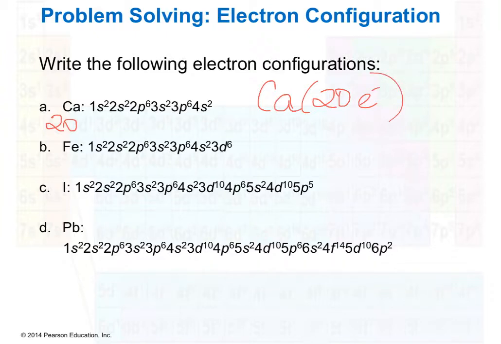So you've got to place all 20 of those electrons. Again, you need to memorize the order of energy of the orbitals. So 1s2, 2s2, so far we've used 4 electrons. 2p6, remember the p sublevel holds 6. 3s2, 3p6, 4s2. Now count up all of the superscripts and you will see they add up to 20, which is good. That's what you want.